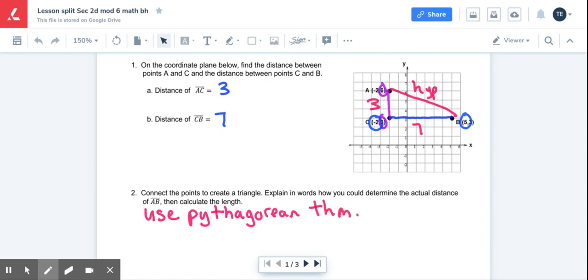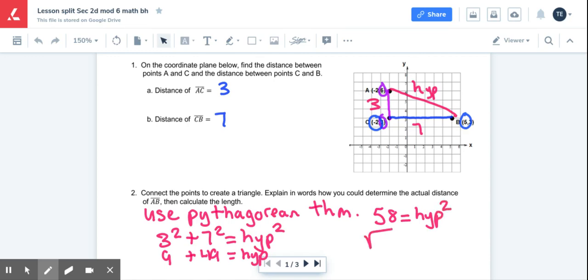Okay, so 3 squared plus 7 squared equals the hypotenuse squared. 3 squared is 9, and 7 squared is 49. Together, that gives me 58 equals hypotenuse squared.